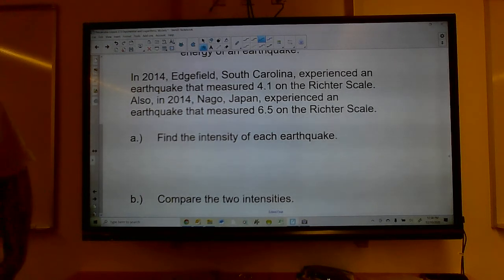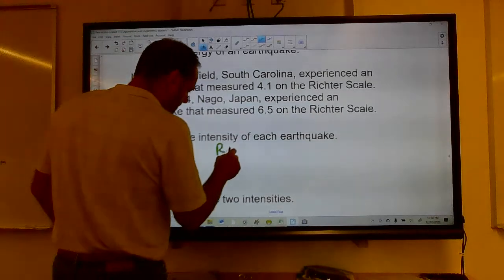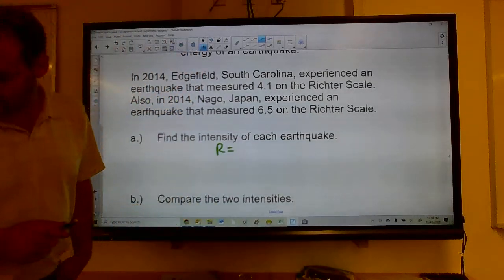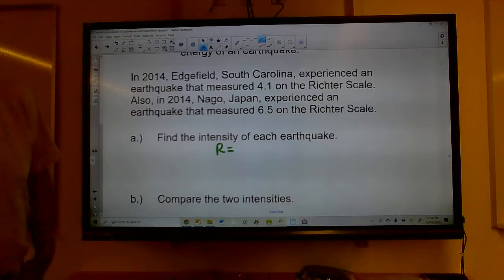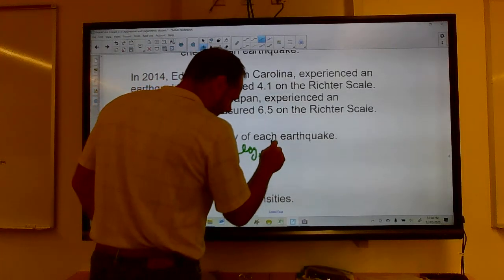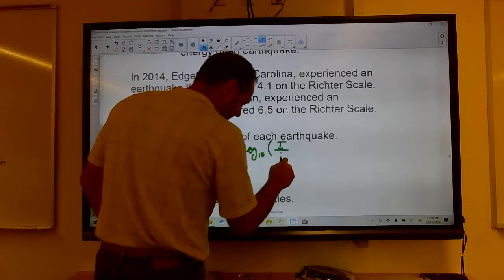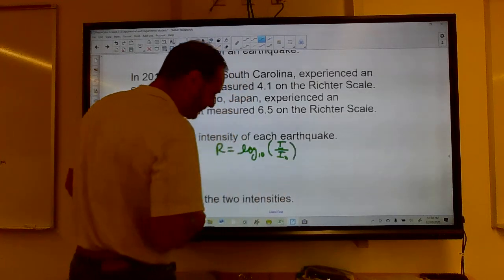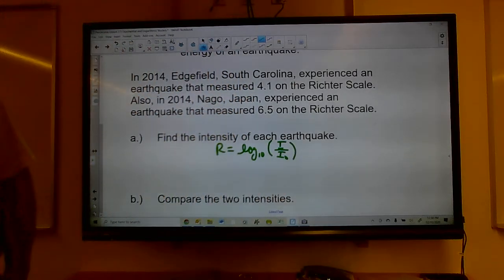So R equals log base 10 of I divided by I naught. That's our formula we're going to use.